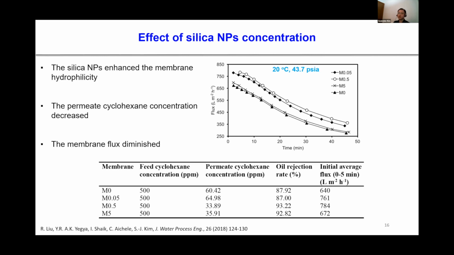Again, it shows that the membrane channels might be narrowed due to aggregation of silica nanoparticles on M5. So it was found that M.5 exhibited higher flux and higher oil rejection rate, and therefore we thought it can be selected for further experiments.